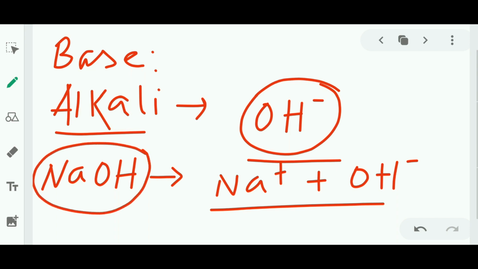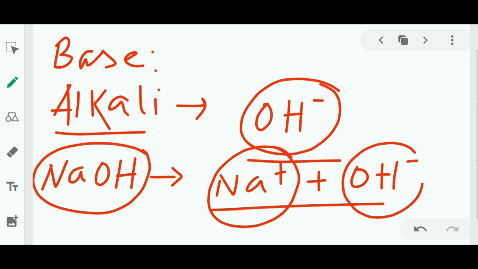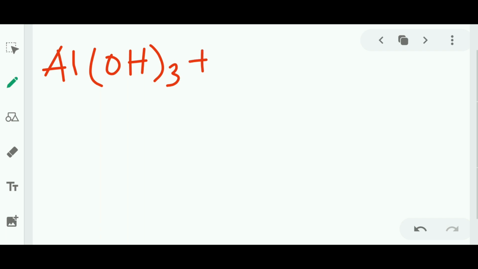Another example, suppose Al(OH)3. This is also a base. These bases also dissolve in water and form Al3 plus ion, and a common ion, 3OH minus.